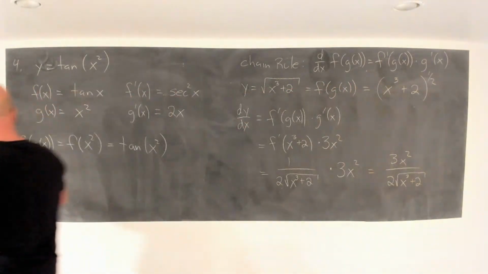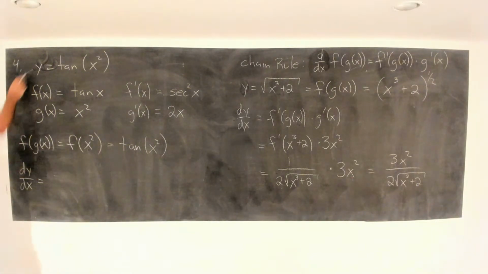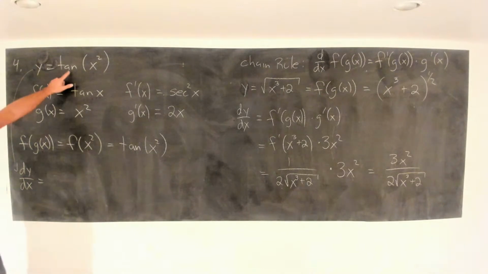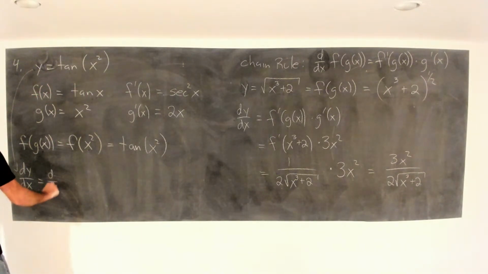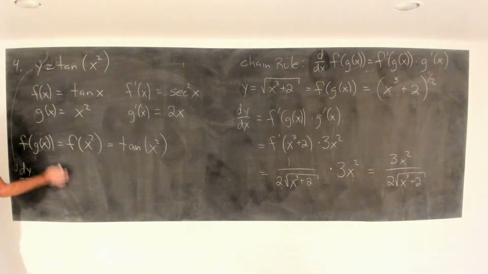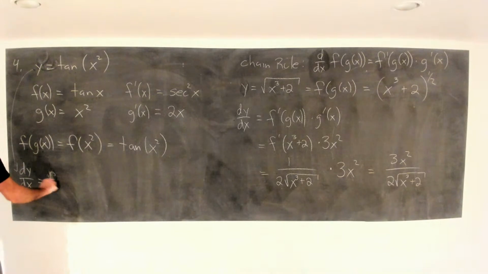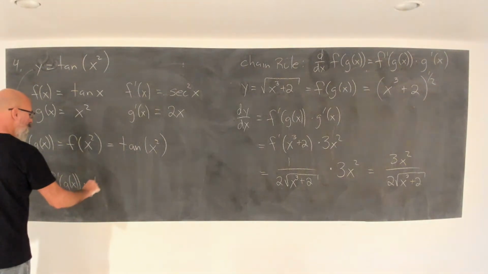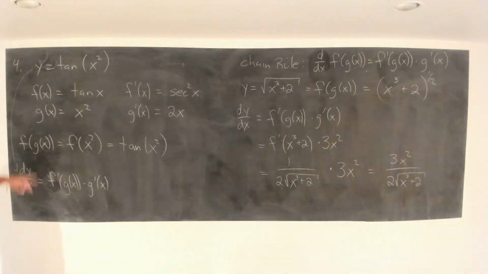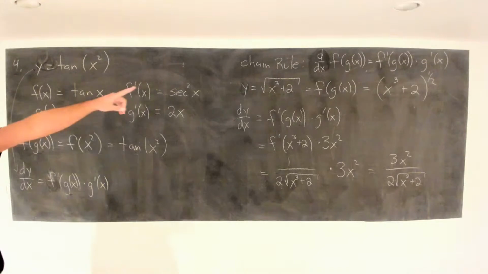So the derivative of y, the derivative of tangent of x squared, which can be viewed as the composition, by definition, is f prime of g, g prime of x. It's the derivative of this, which is that chain rule.